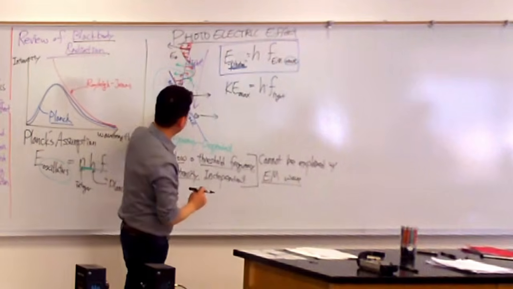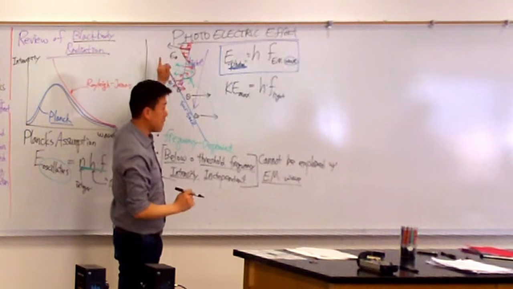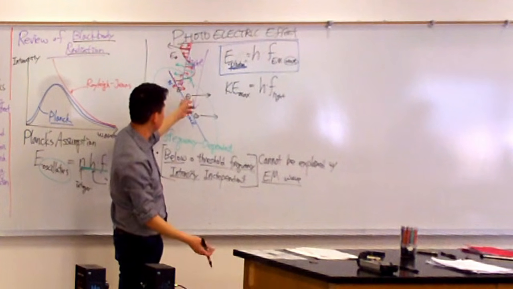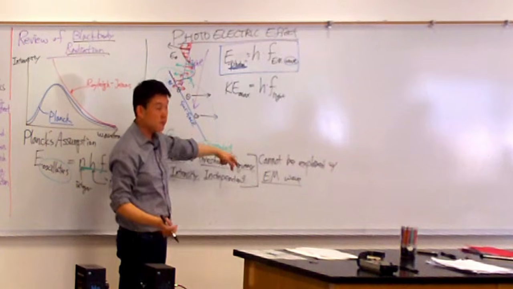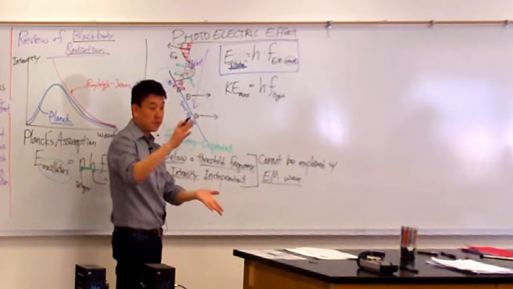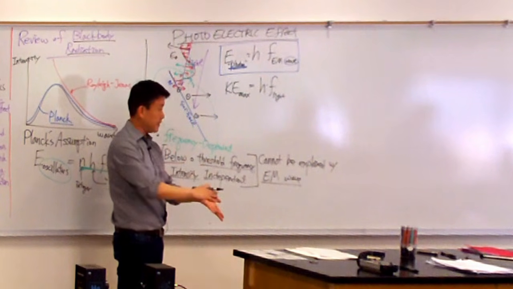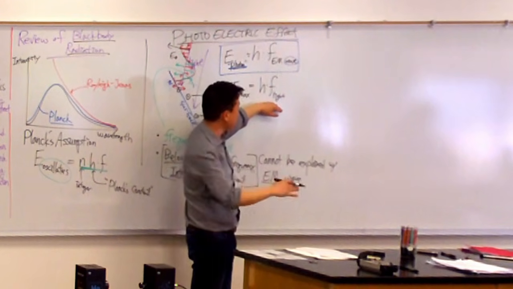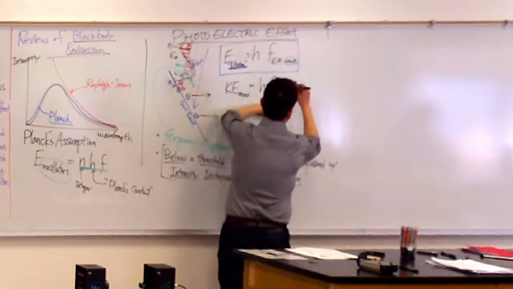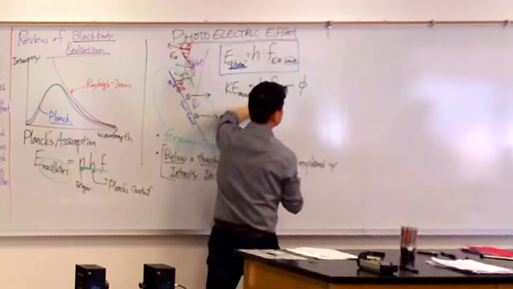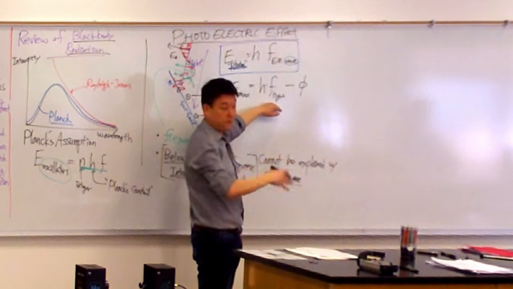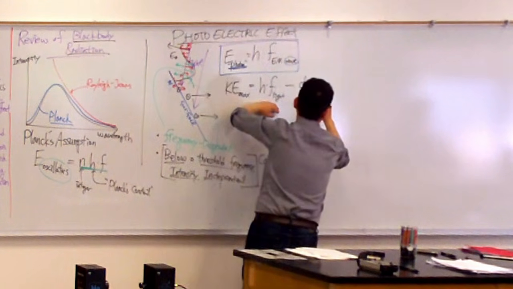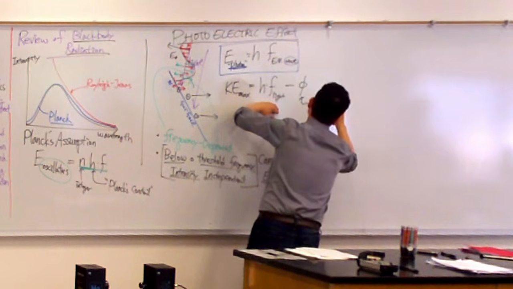But this electron is somehow bound to the surface. Under normal circumstances, it doesn't just spill out of the metal. So there must be some kind of negative potential energy binding it. So you say, all right, this is how much energy you are adding with each collision, minus whatever potential energy you need to overcome first. And this is what's called the work function in your lab.